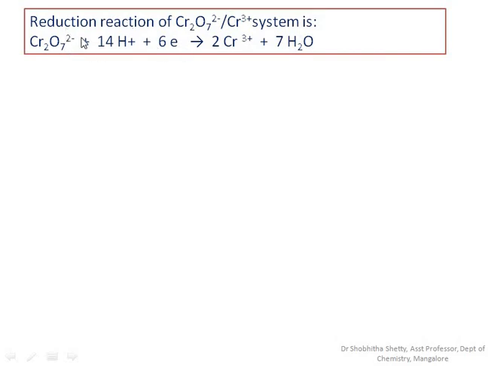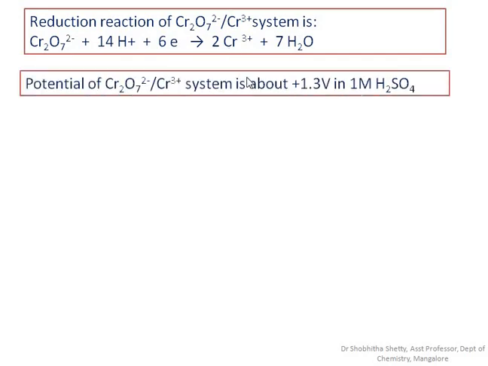Again, the dichromate chromium reaction is represented here for understanding purposes: how dichromate is reduced to the chromium Cr3+ form, and why the potential shows a sudden jump near the equivalence point, because of the potential of Cr2O7 2- to Cr3+.